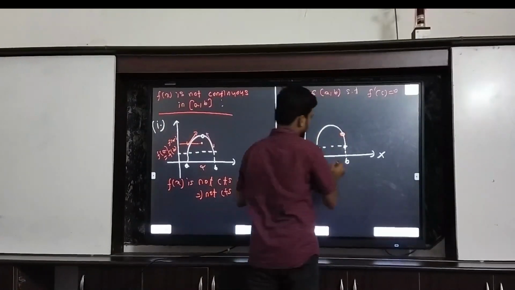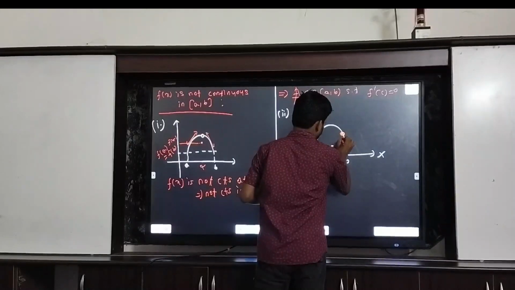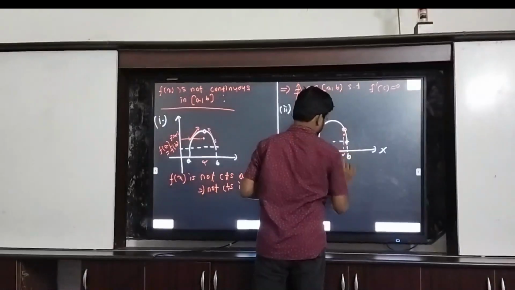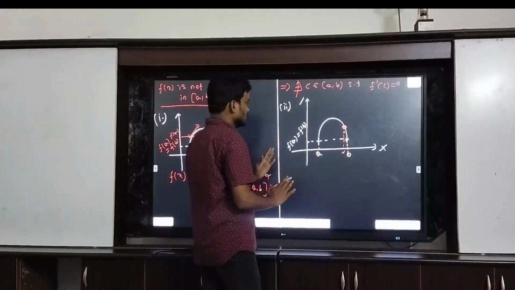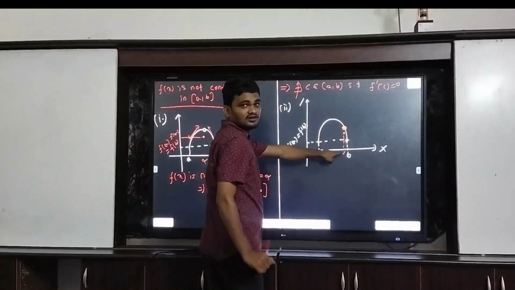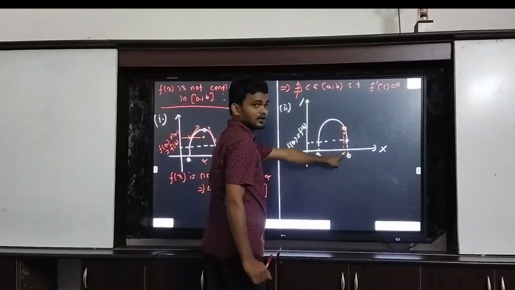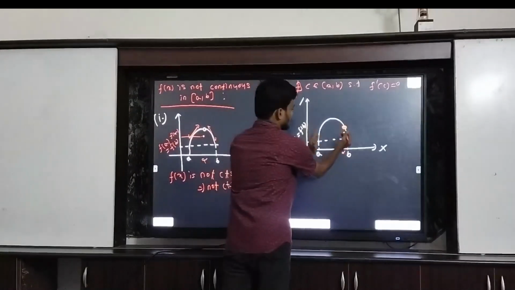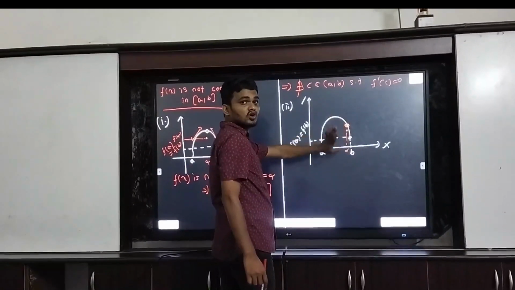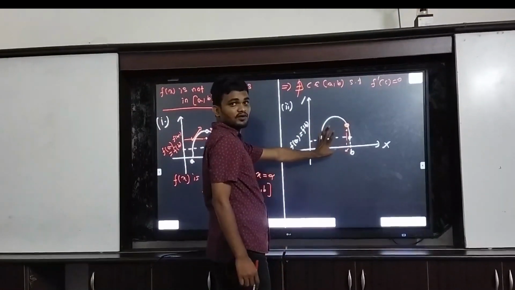At this point we define the function here. Suppose this is our alpha. Clearly, the function is not continuous at alpha. Alpha belongs to the open interval AB, so it is not continuous in the interval AB, and also not differentiable, but f of a is equal to f of b over here.